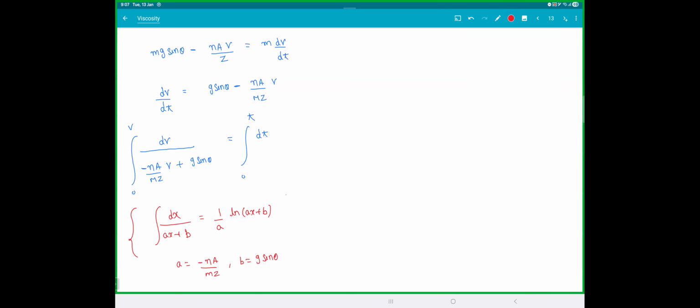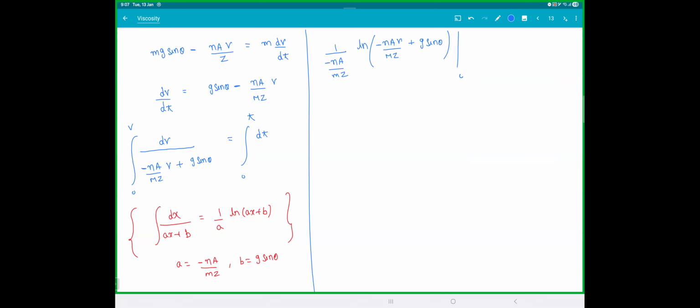This much integration should be comfortable. So this would be 1 by a, which is mz by minus eta A, ln of ax plus b, minus eta A v by mz plus g sine theta, limits going from 0 to v, is equal to t. I could have taken them as p and q and substituted them in the end, but okay.